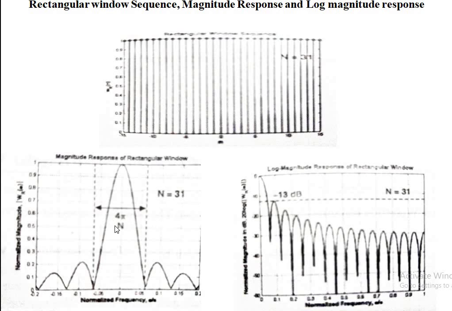These are the points where we observe that it is almost 0, almost equal to 0.05. That is why I show this as the main lobe width, and it is equal to 4 pi by N in the case of a rectangular windowing sequence.